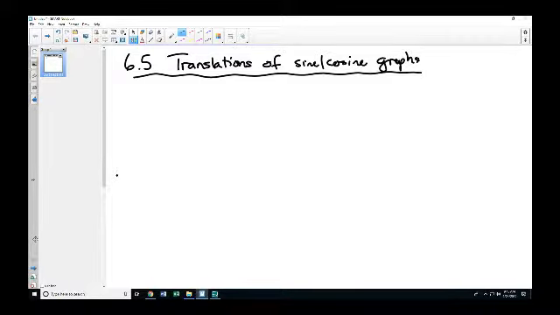You translate it left, right, up, or down. You don't need to worry about this with music, because all that we worry about with music is period and amplitude, right? So far, this is what you've been exposed to.